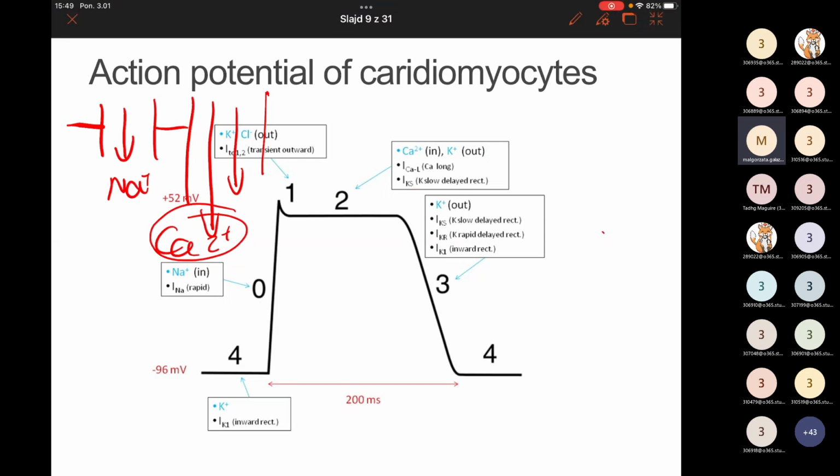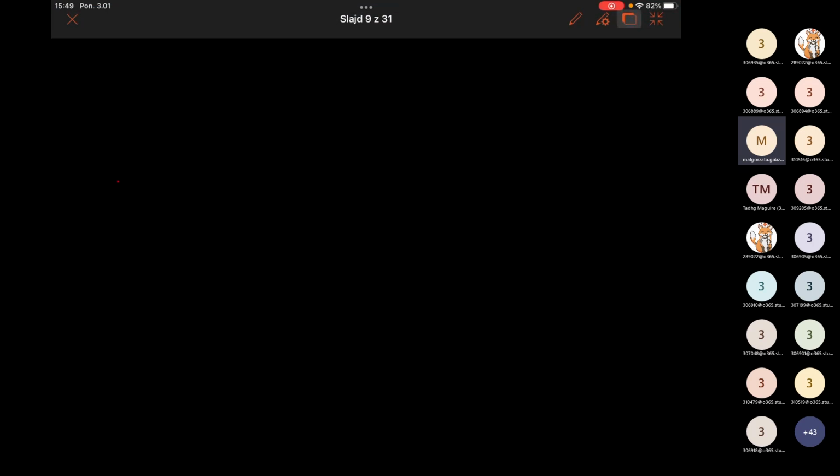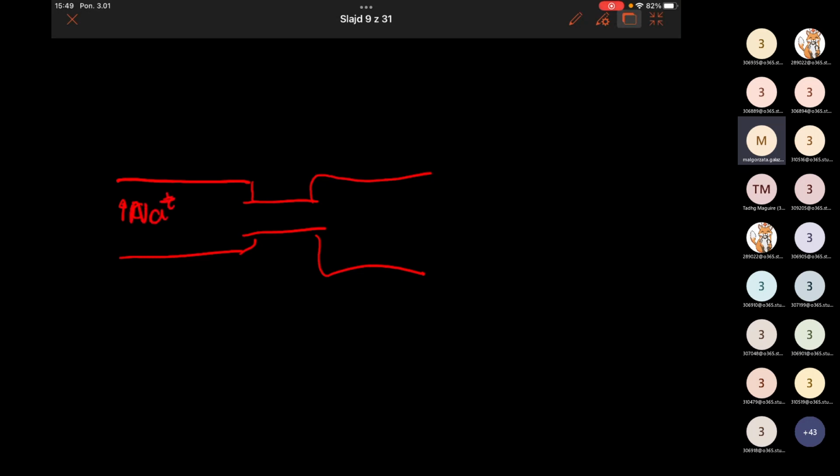So let's say that this is a cell within the conduction system of the heart, which is connected by a gap junction to cardiomyocytes. During the action potential of pacemaker cells, we observe an increase of sodium ions inside the cell and an even greater increase of calcium ions.